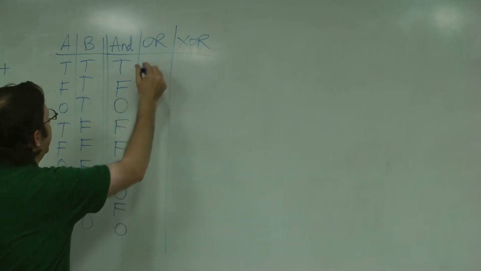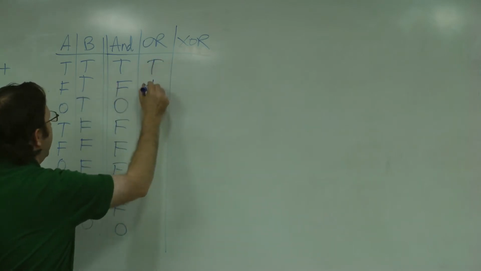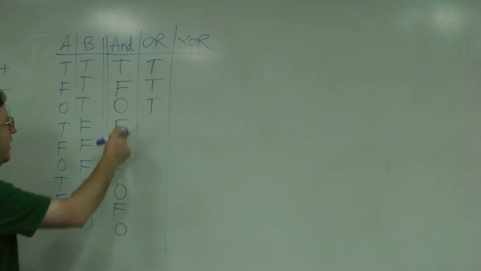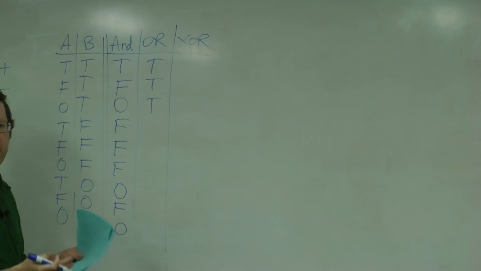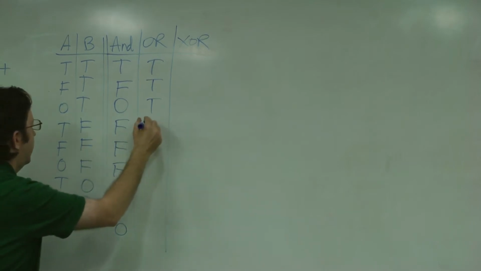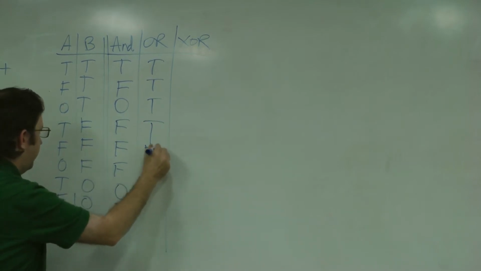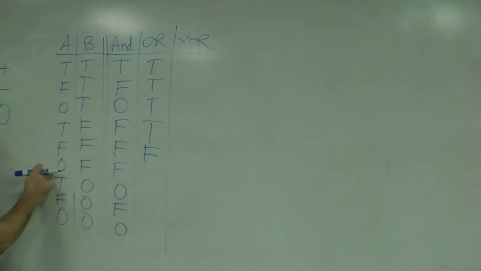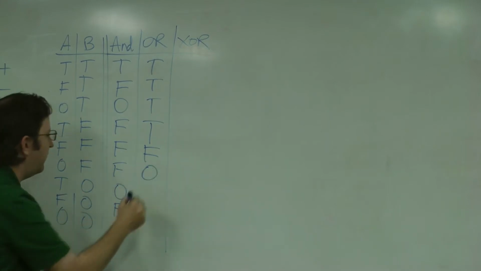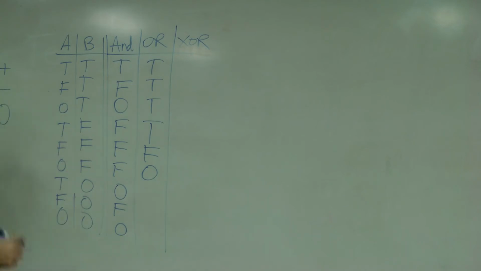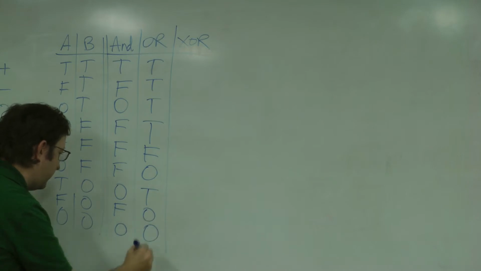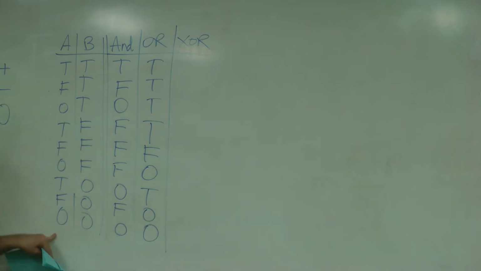And similarly with an OR, if we have a true value, even if the other value is uncertain, we know it's going to be true, because we only need to know that one is going to be true. And if we have a false and uncertain, we don't really know what it's going to come out to be, so that will have to be uncertain. And again, if both of them are uncertain, they'll be uncertain.